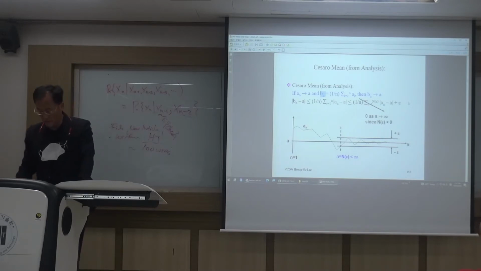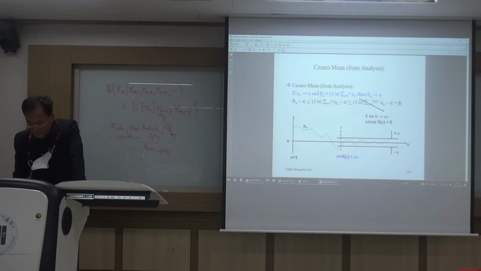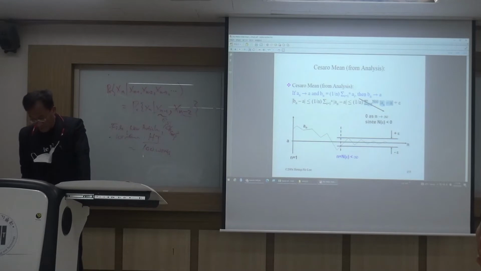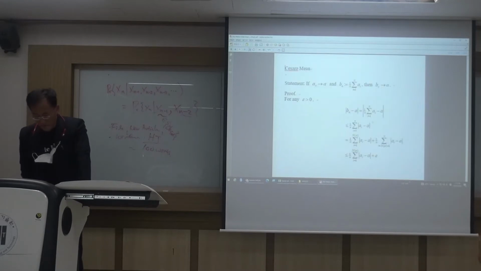Because the first part is a finite number, dividing by n as n goes to infinity makes it go to 0. So that's the Cesaro mean.